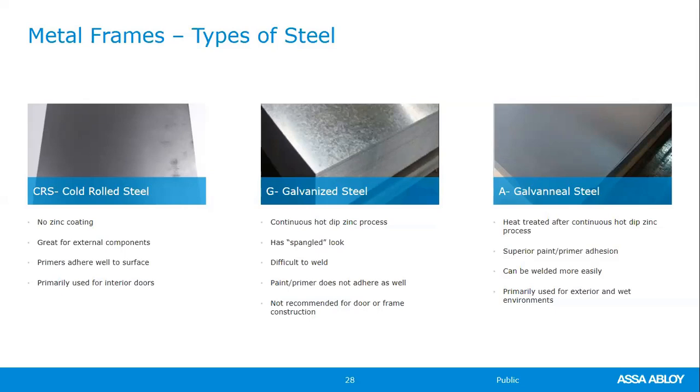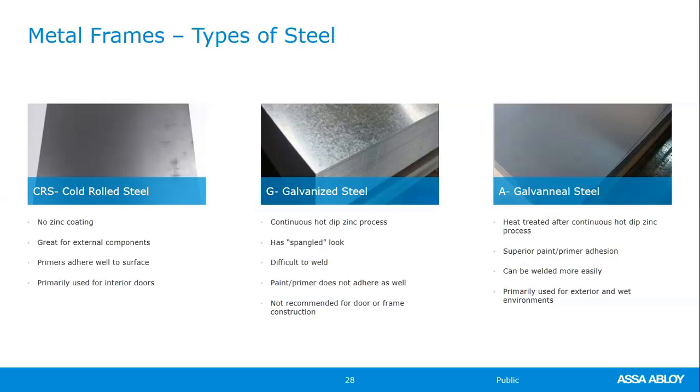And again, even though our factories have G material in inventory, if the job calls for it, just be aware that galvanized material is going to be a lot more difficult to modify and have paint adhere to it. The A galvannealed material is what you will see day in and day out in specs in our industry.